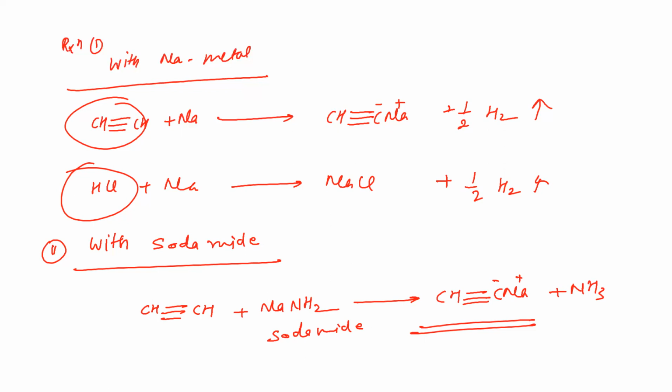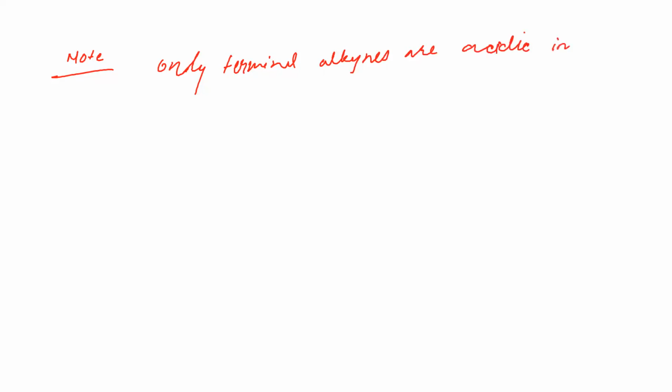Now, what are we going to do? We are going to write the condition. What condition can you see, student? The condition is that only terminal alkynes are acidic. All alkynes are not acidic in nature. Why? Let me tell you with the help of an example.